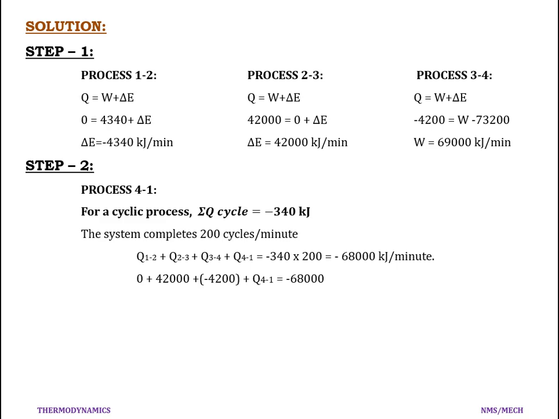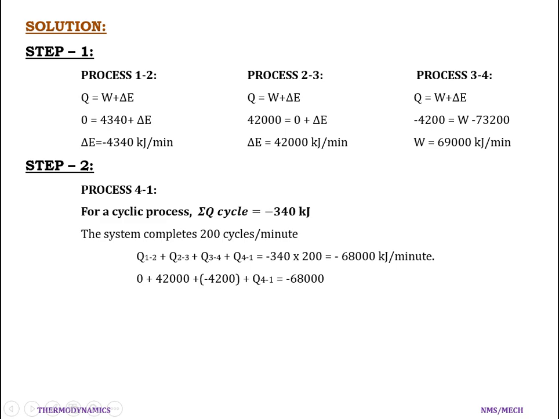Now by this relation we can calculate the unknown parameter, that is heat transfer Q4 to 1. All the values Q1 to 2, Q2 to 3, Q3 to 4 can be substituted from the given data. Then the right hand side is equal to minus 68,000 kilojoule per minute. Only the unknown value is Q4 to 1.